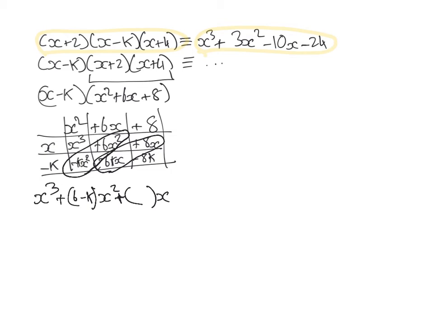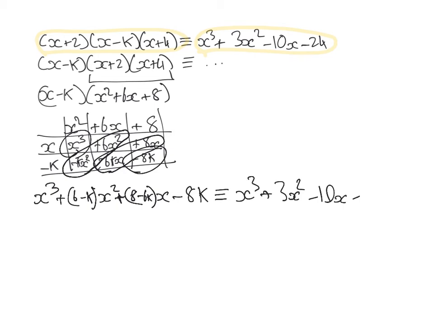We've got minus 6k x plus 8x, so we could write it as 8 minus 6k. And then the last thing we've got is the minus 8k. And this equals, or is identical to, x cubed plus 3x squared minus 10x minus 24.